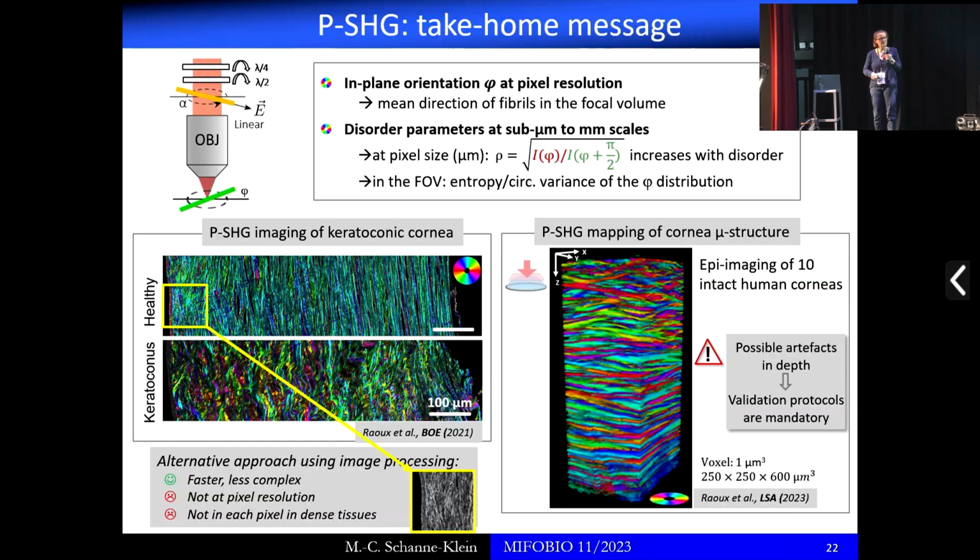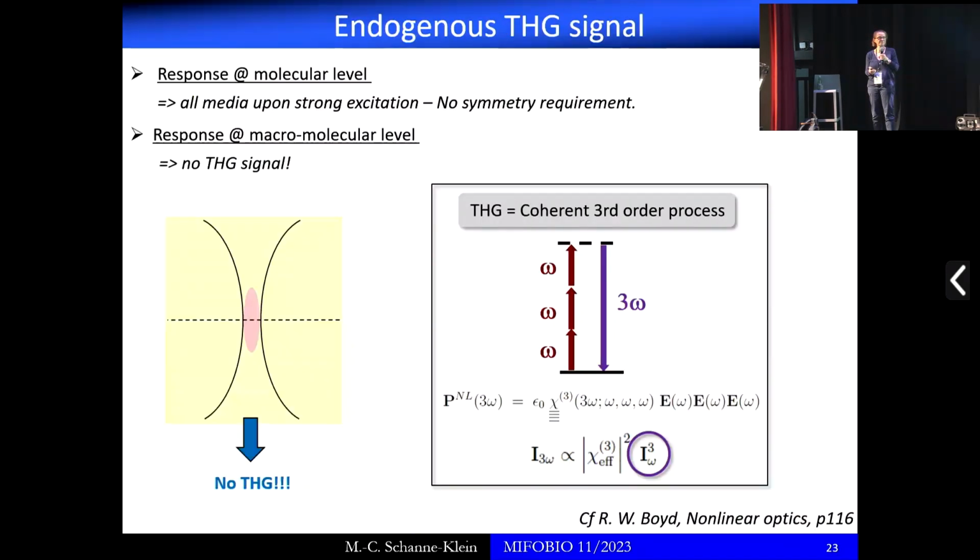But the only problem is that sometimes it's not possible in dense tissue, for example, the images of the cornea you saw. And also, it's not really at pixel resolution, because we need several aligned pixels to see the direction. So, of course, it depends on the application. If it's possible, do some image processing. If not possible, polarimetric second harmonic is better.